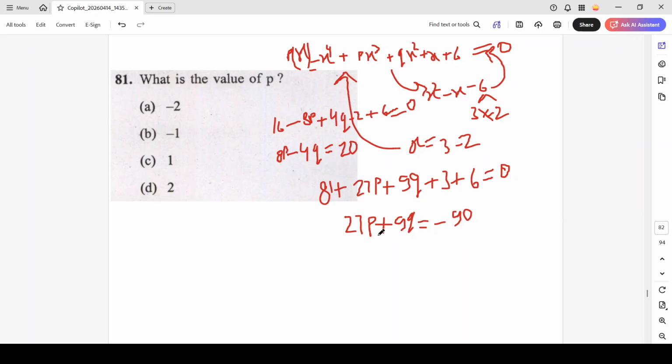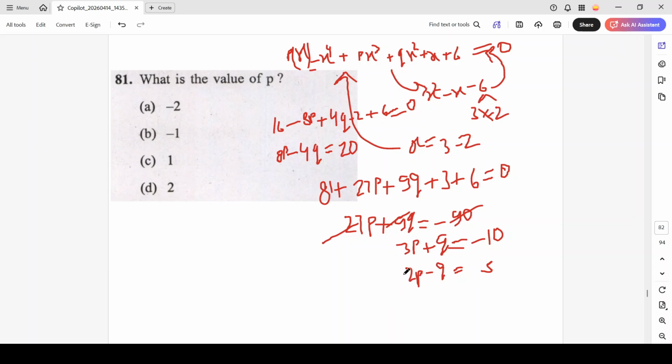Okay, now if we divide by 9, it will become 3p plus q equal to minus 10. And if we divide by 4, it will become 2p minus q equal to 5.